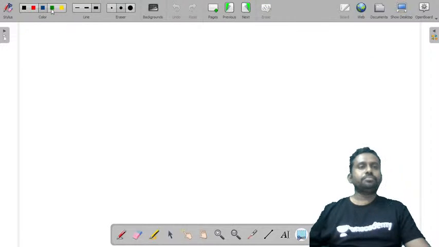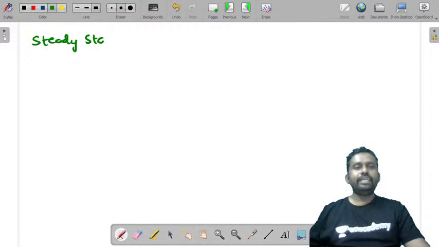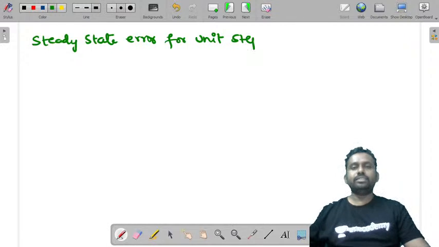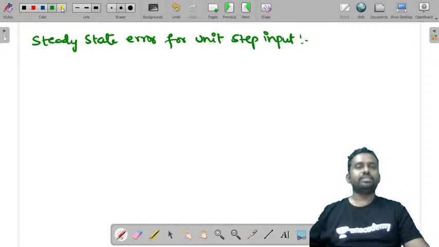Now we are going to see steady state error for unit step input. Once we get this, we'll see it for the different types of systems again.